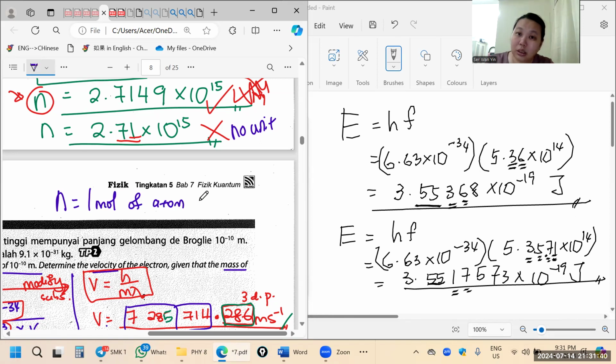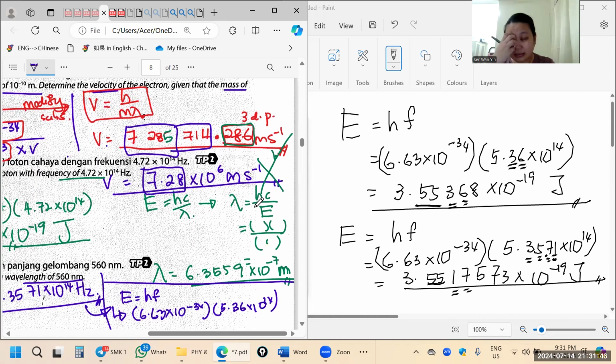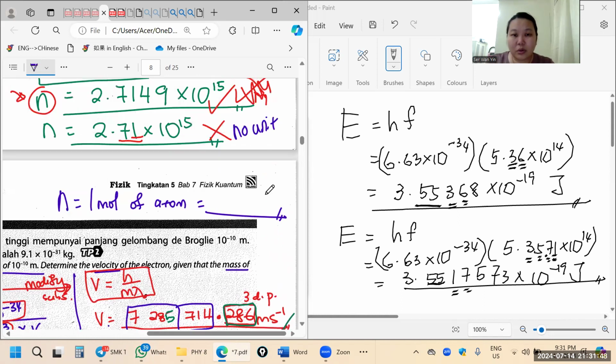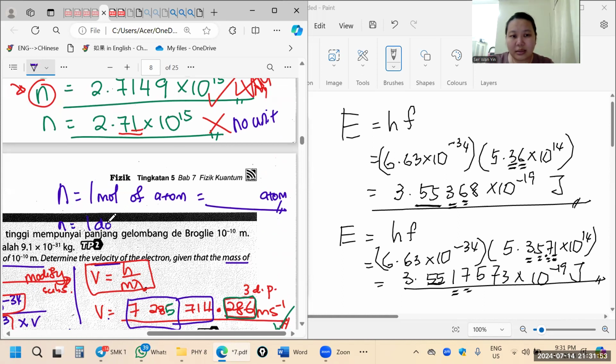Do we have unit? 1 mole of atom means how many atoms? N is like 1 dozen of pence. So we got 12 pence, not unit. Pence is not a unit.